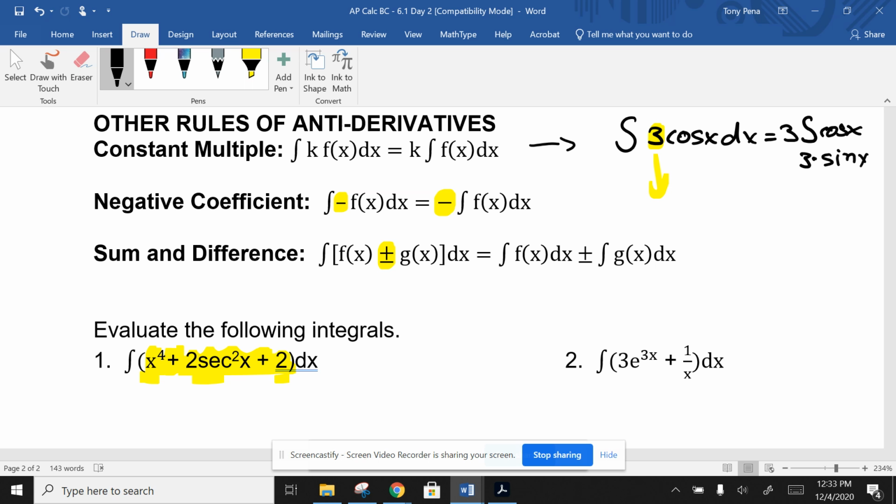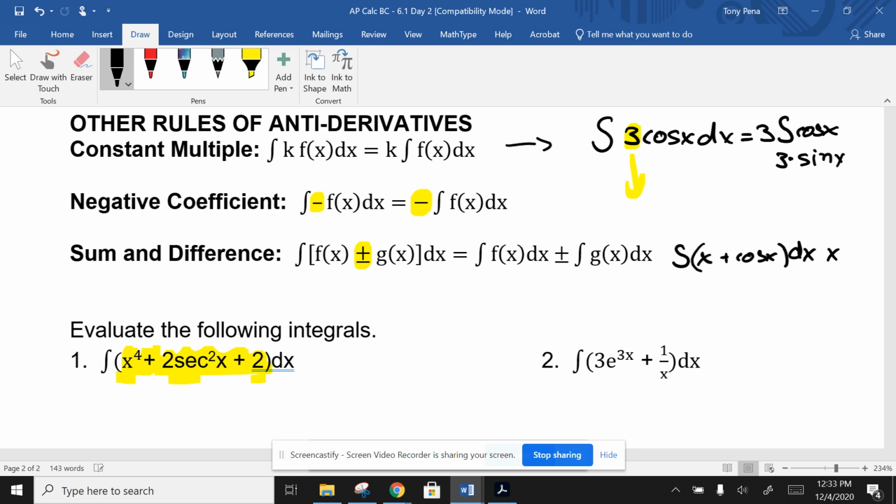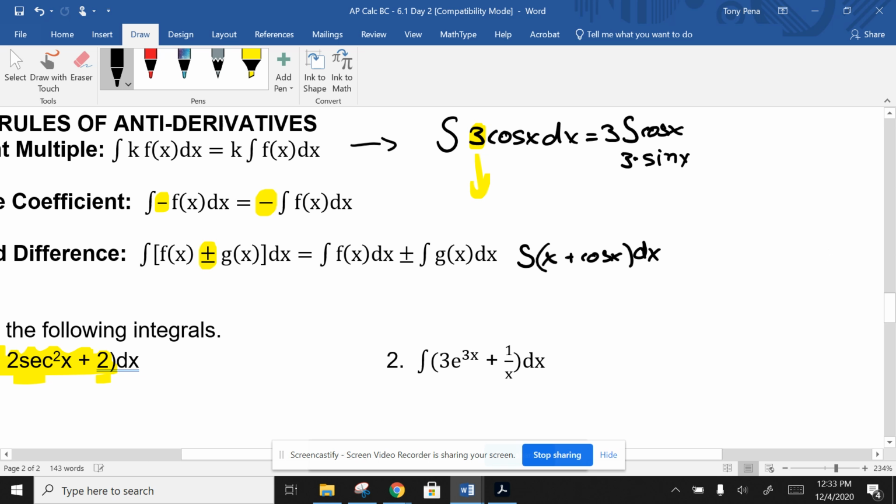So if I give you a function like this, write this out, this I want you to see. Let's say I give you x plus cosine of x, and I want you to do the antiderivative of this, versus x times cosine of x dx.